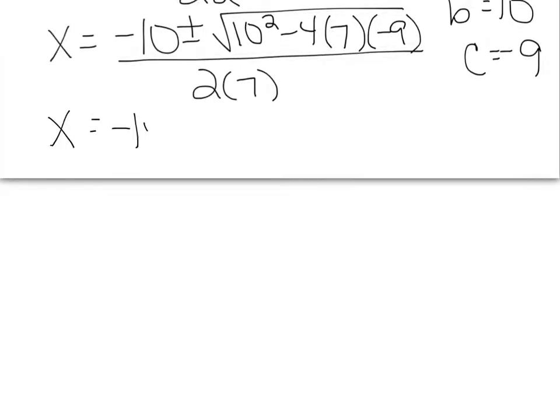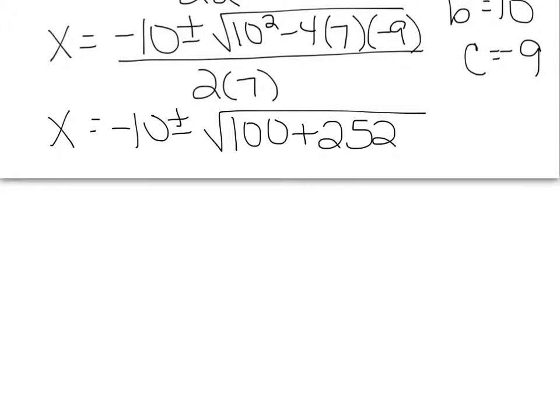X equals negative 10 plus or minus the square root. 10 squared is 100. Negative 4 times 7 is negative 28 times negative 9 is 252. All over 14.